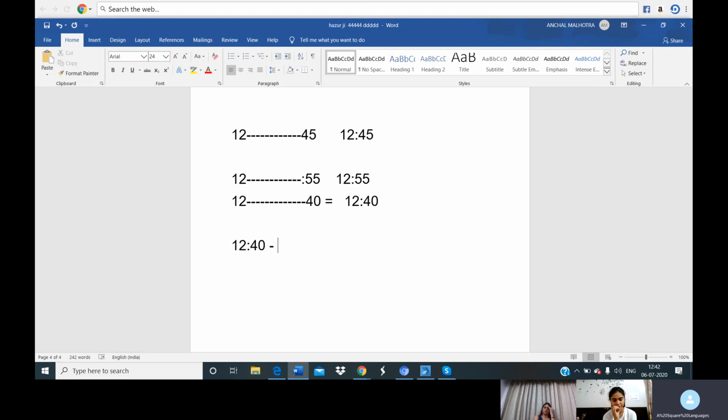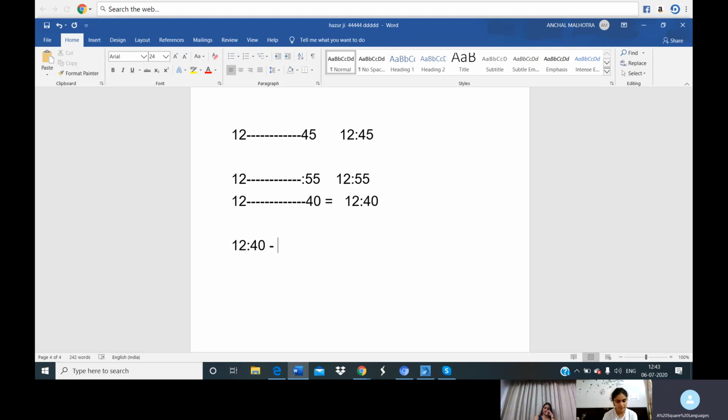We are left with 20 minutes in order to finish the 12 o'clock hour. That 12 o'clock hour will be finished after 20 minutes. Is that clear to you?